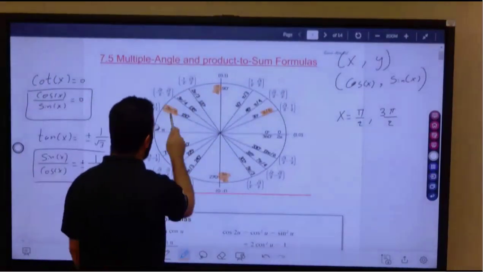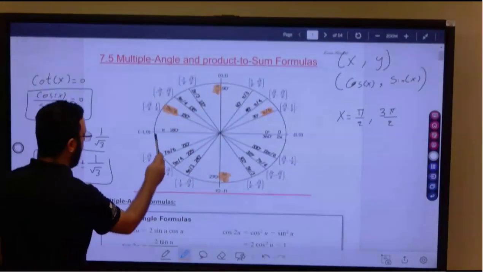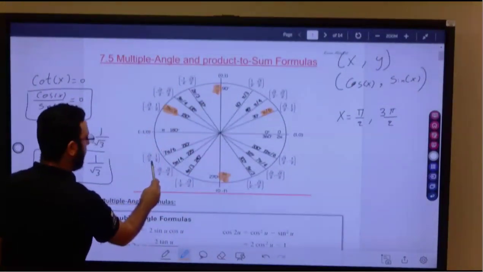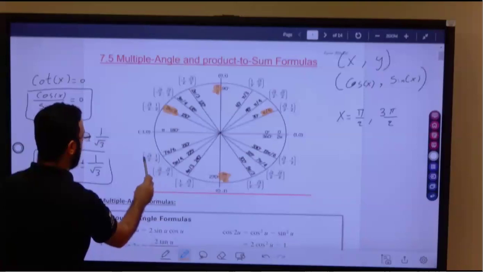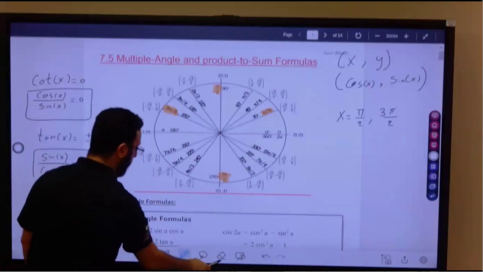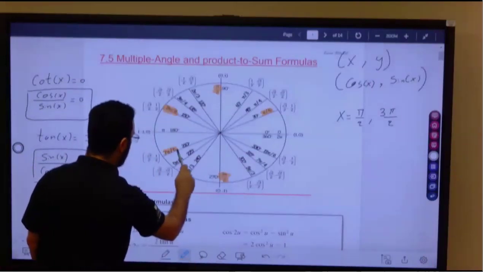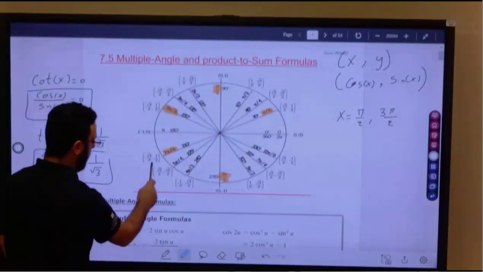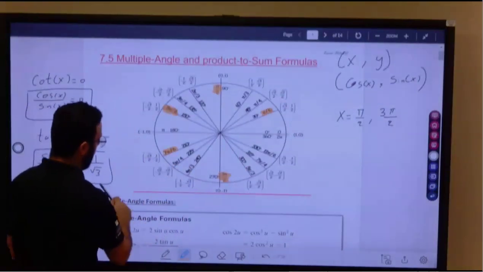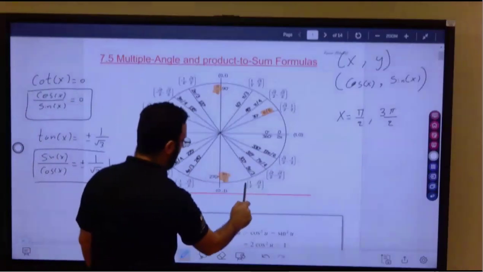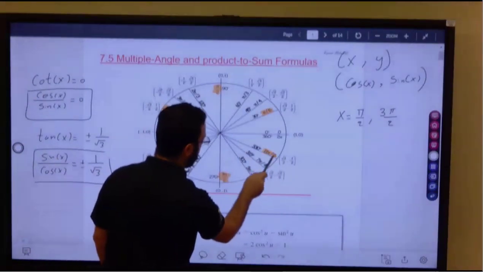So it's going to be 5 pi over 6. If you divide sine by cosine here, yes, it's going to be positive. So the next angle is going to be 7 pi over 6. Let's keep going here. Sine by cosine is not. Here's the next angle.